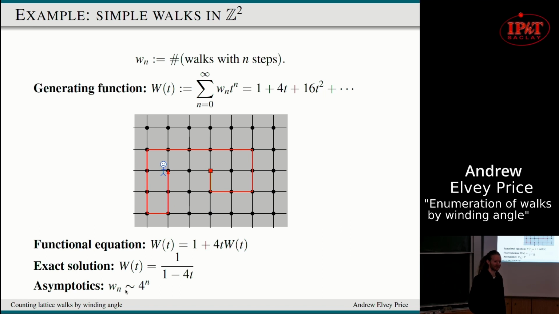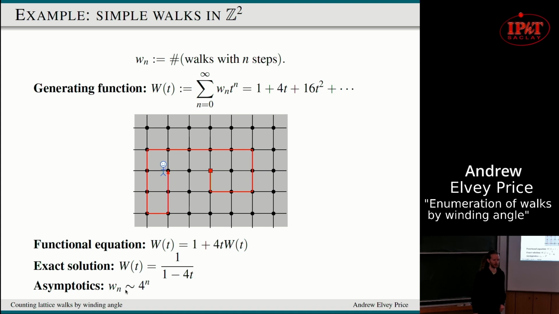Functional equations usually come from the recursion, right? Or are there other ways? Yeah, exactly. A functional equation is a way of rewriting the recursion. Essentially you can say a functional equation is a recursive equation.